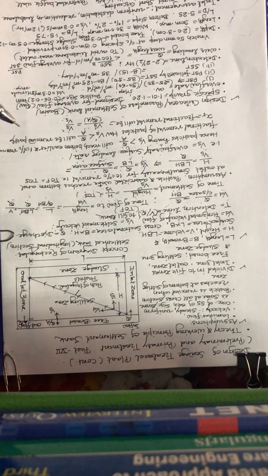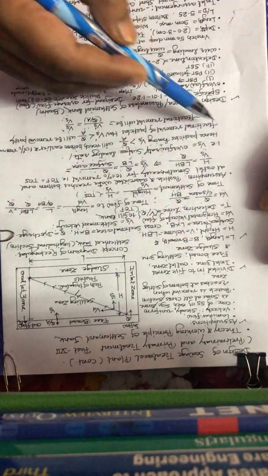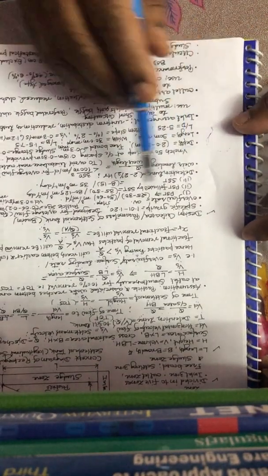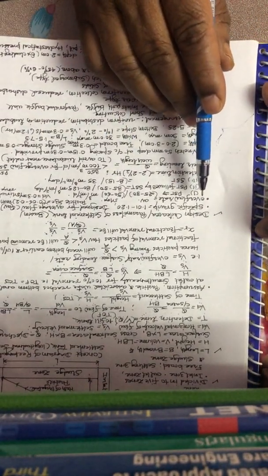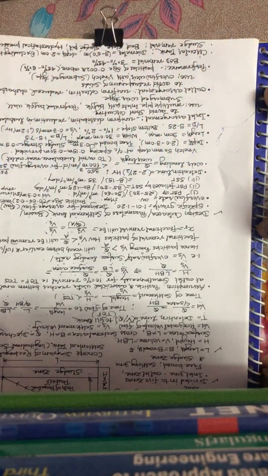So these are some technical terms associated with the settlement tank, that is detention time, overflow rate, horizontal velocity of flow, surface area, cross-sectional area, volume, etc. So now we will discuss the design criteria of the settlement tank or basin.